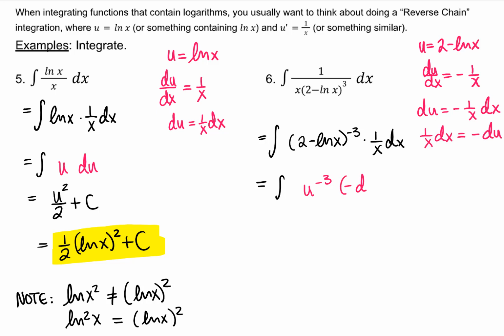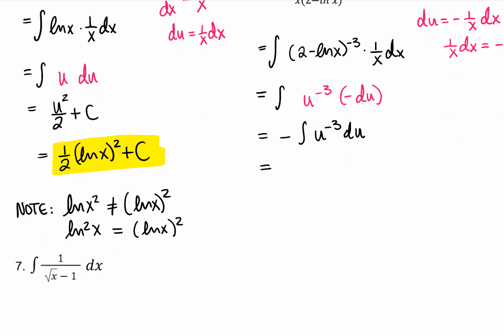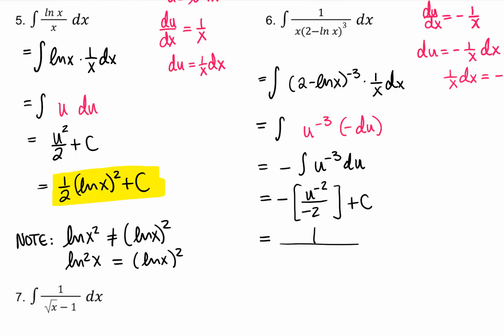This would be negative du. You can take that negative out of the integrand, and now you can use the power rule. Add 1 to the power, that becomes the denominator. Substitute x.